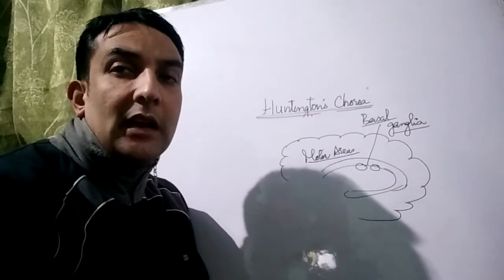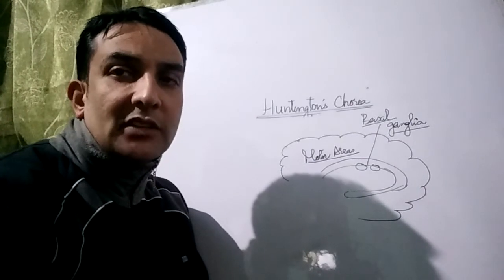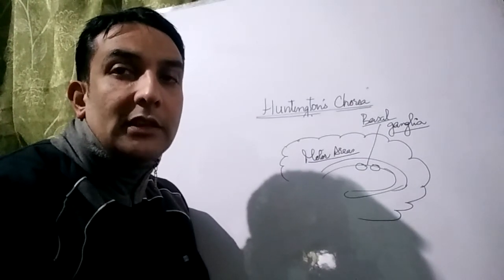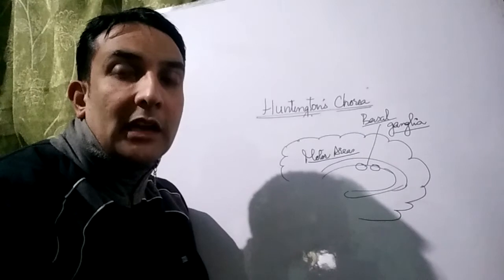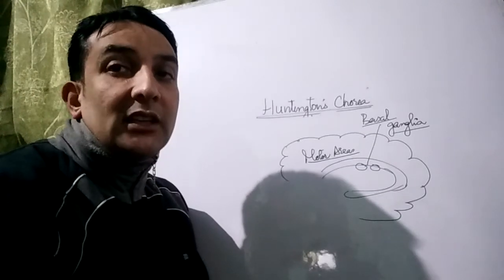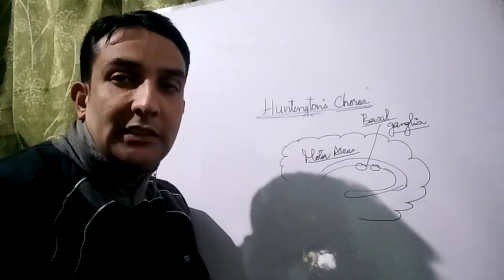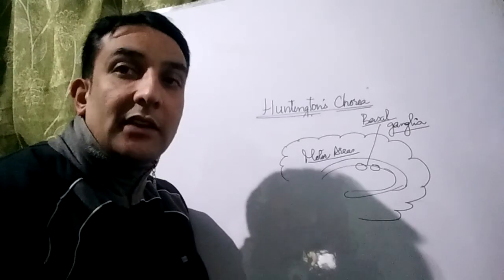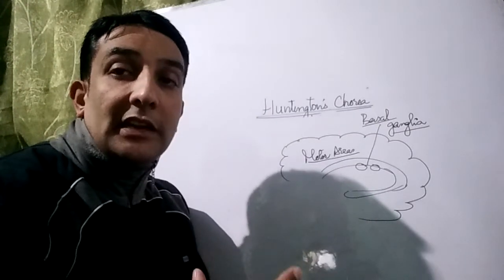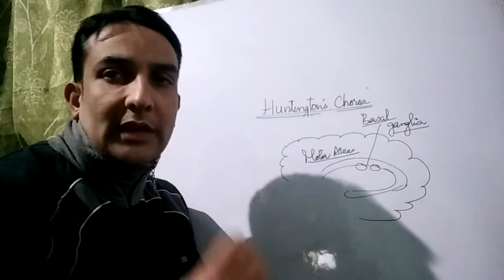You will see a staggering, clumsy gait in the person suffering from Huntington's chorea, and the person will feel difficulty in talking and difficulty in understanding what is being said to them.